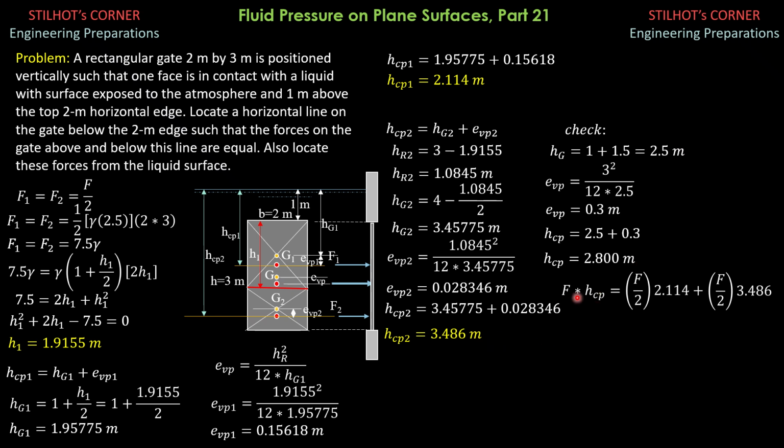So canceling out F, the formula for H sub Cp is simply the average of H sub Cp1 and H sub Cp2. That is, H sub Cp is 1 half of the quantity 2.114 plus 3.486, and it is indeed 2.800 meters. So that means these two answers for H sub Cp1 and H sub Cp2 are correct. So that's it for this video.